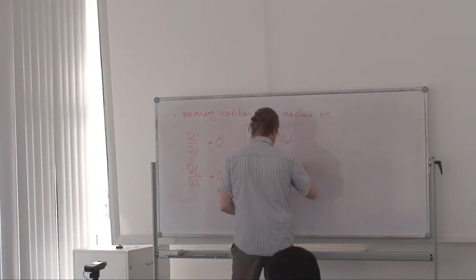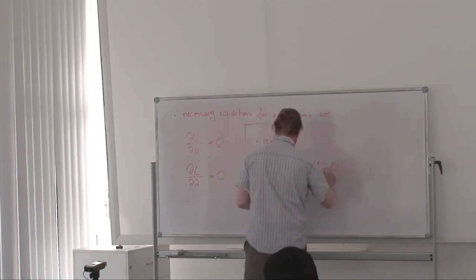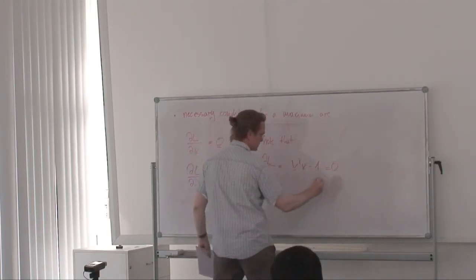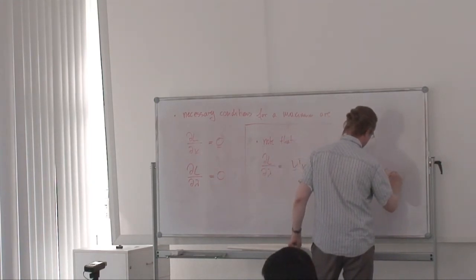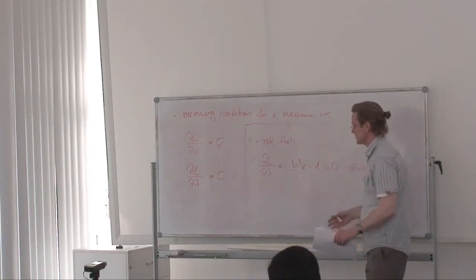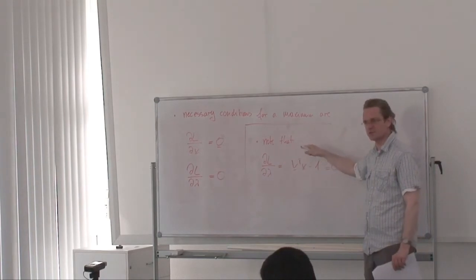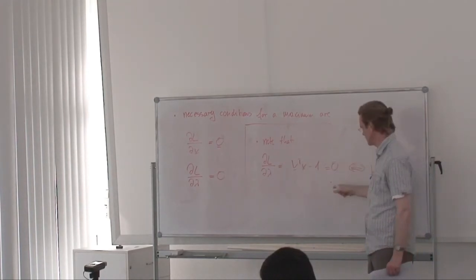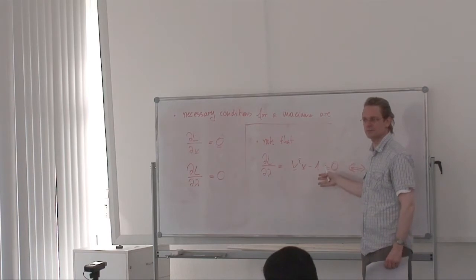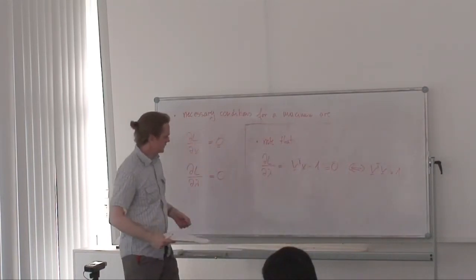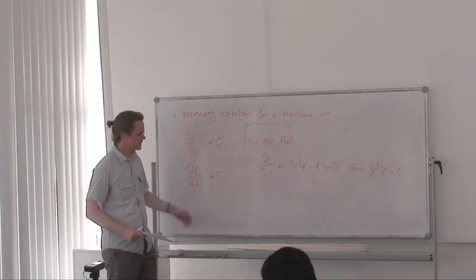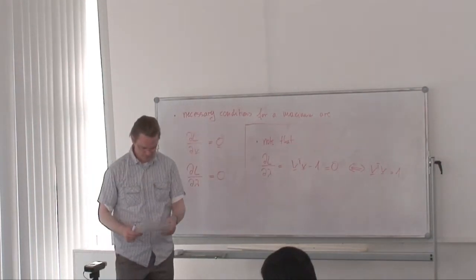This is V transpose times V minus 1. This has to be 0, which is of course to say that V transpose times V is 1. If we derive this Lagrangian with respect to the Lagrange multiplier, we obtain our constraint back. And it has to be 0, and this is exactly what we want.